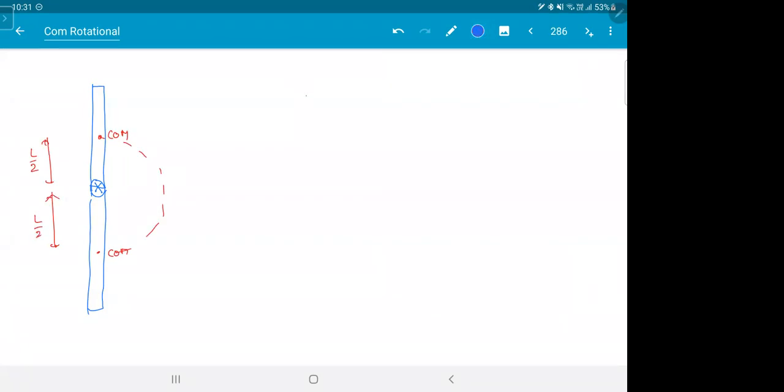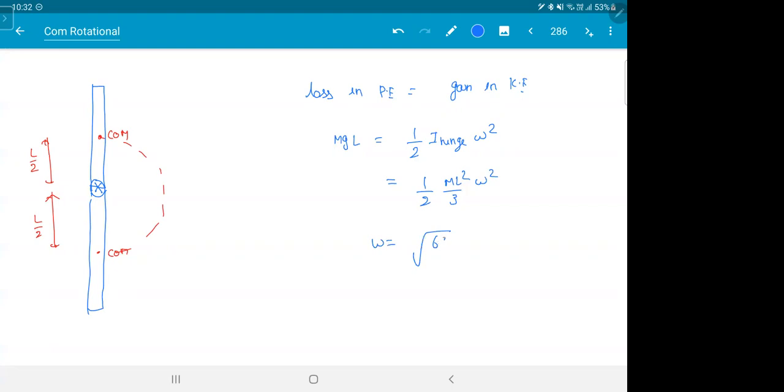So what is the change in potential energy? Loss in PE is gain in kinetic energy. This should be mg L by 2 is half I hinge omega square. That would be half m L square by 3 omega square. Omega is root over 6g by L. Easy?